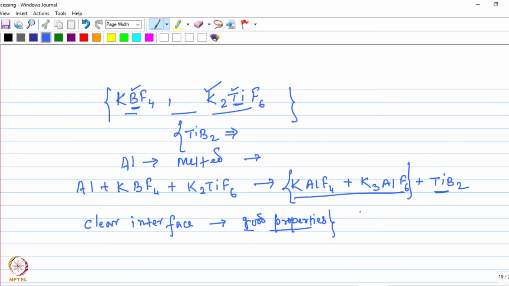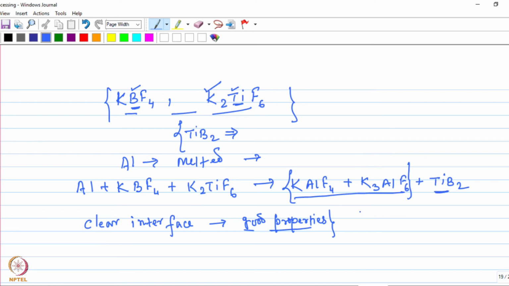And that can happen when you add such particles externally, because you are adding a separate material into the molten metal, and then you are allowing certain time for this bonding to take place between the particles and the metal.